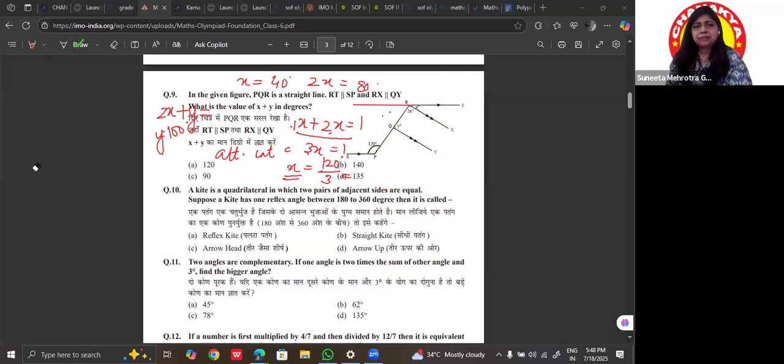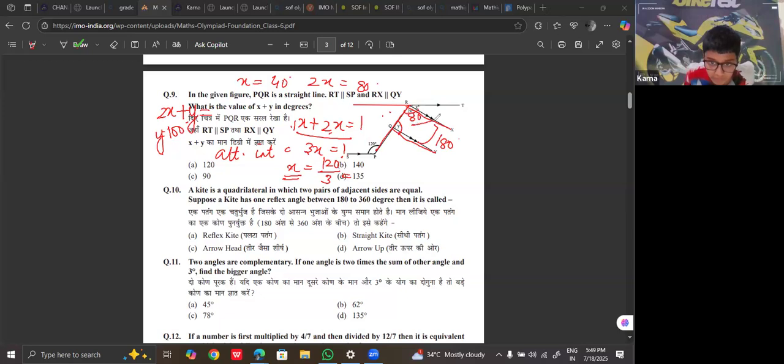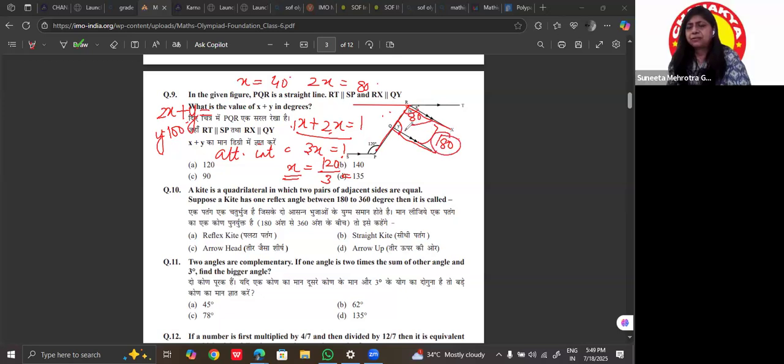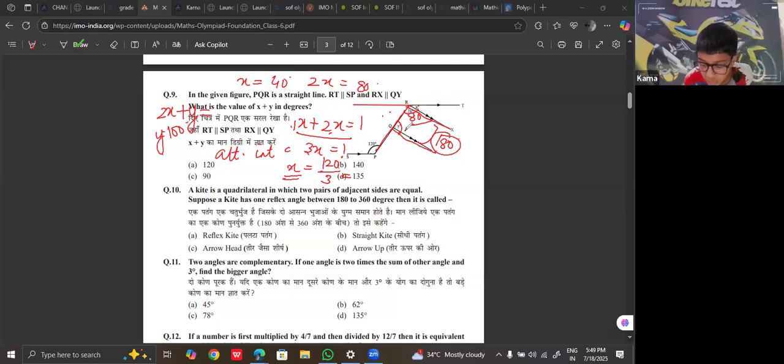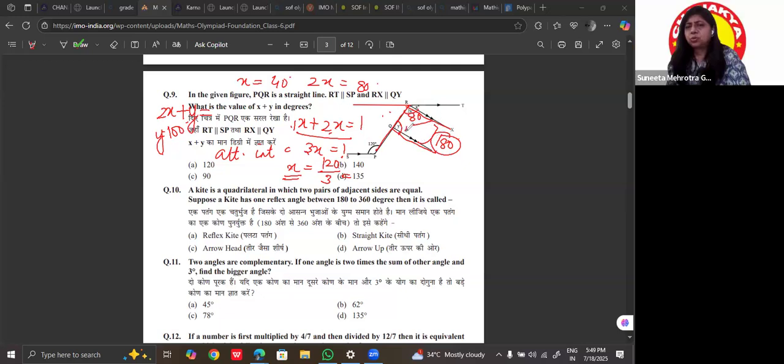Now see that this is 80 degrees. These two lines are parallel, so this is also a co-interior angle. Co-interior angle means the sum of these two angles makes 180 degrees. If this is 80 degrees, the other angle will be 100, since both angles make 180 degrees.